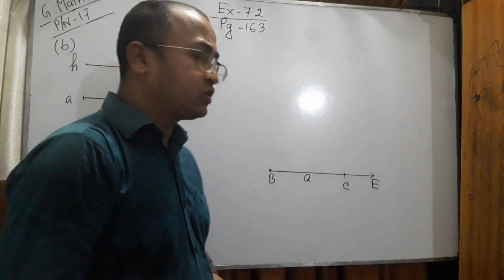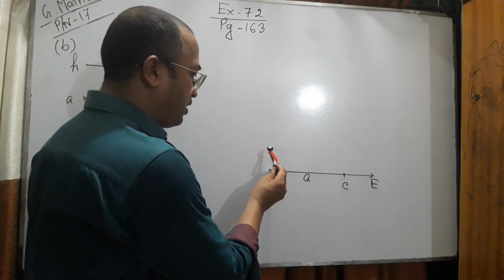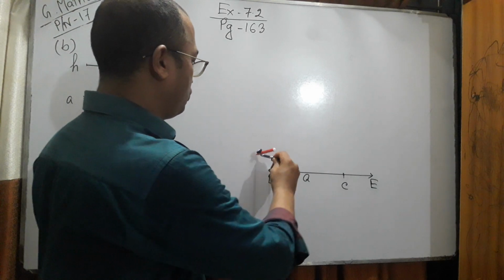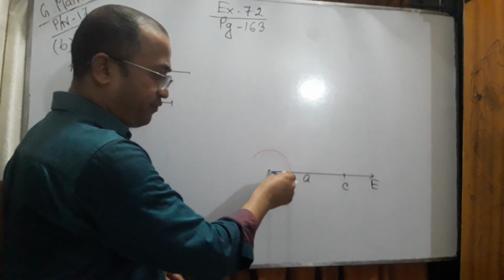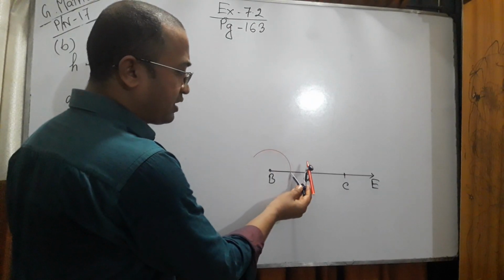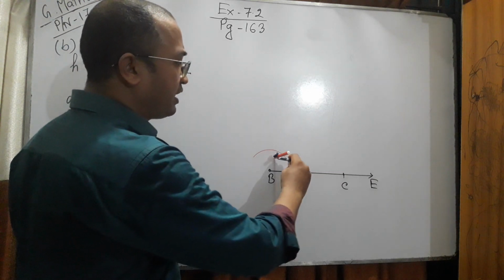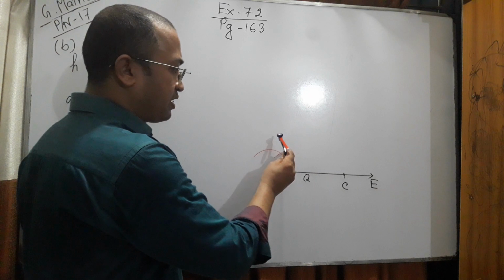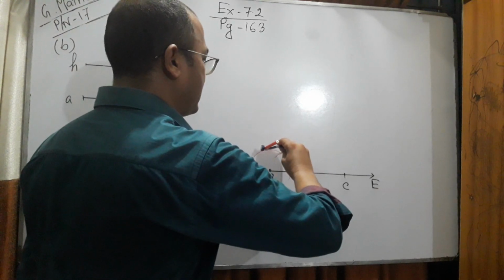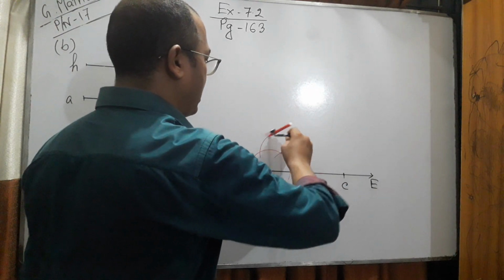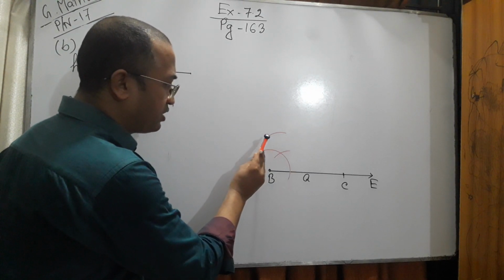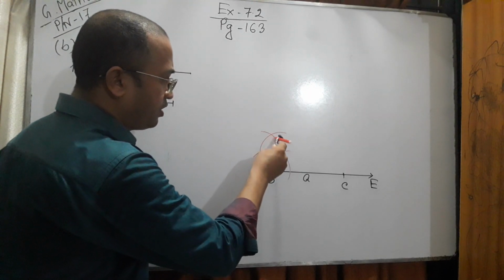Again I show you. At the point B, with center B and a suitable radius, we draw an arc. With center in this point and the same radius, we draw another arc. Again, with center in this point and the same radius, we draw another arc.